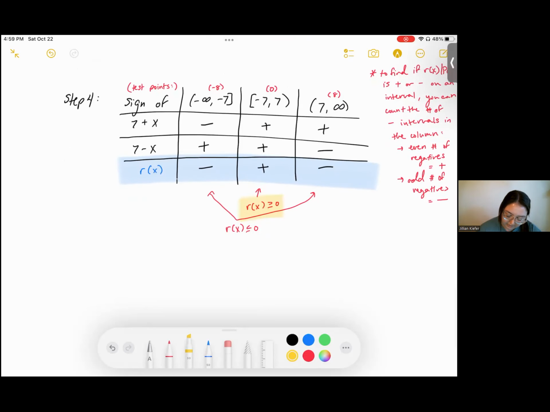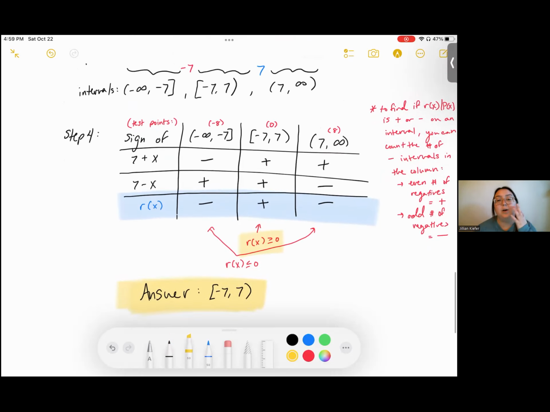So our answer would just be this one interval in the center, -7 to 7, including -7 and not including 7. So that would be our answer. Just as a reminder, you want to check and make sure that your intervals are right, with the right brackets versus parentheses.